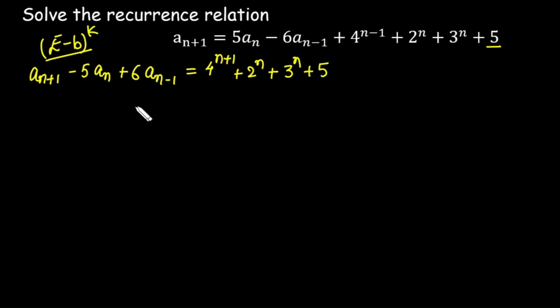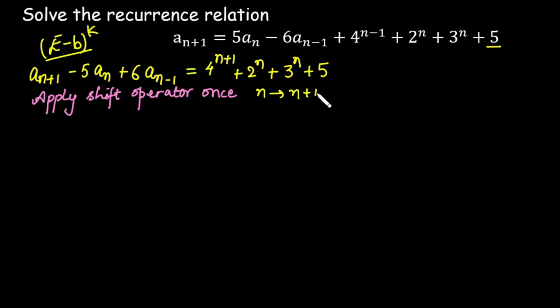So the first step is to remove the negative index. It is already in a positive index. It is also positive. And here we are getting a negative index. It means we need to apply the shift operator one time. So when you apply the shift operator once, it means n is switched as n plus 1. So replace n with n plus 1.